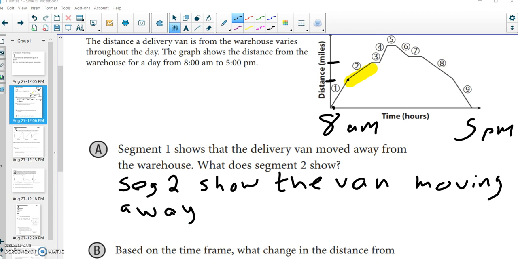But if you look at it, it is taking a longer time to get from here to here than it did to get from here to here. So we're going to say the van is moving away slower than segment 1.